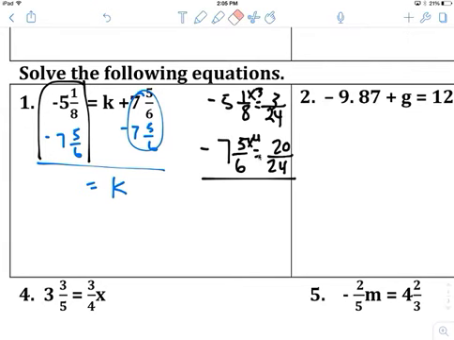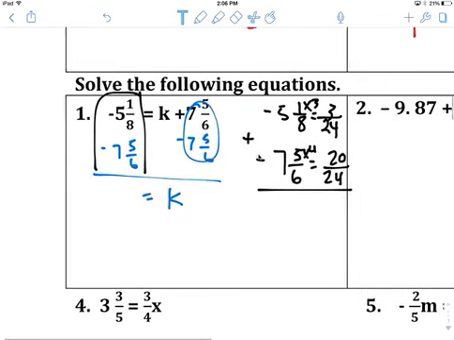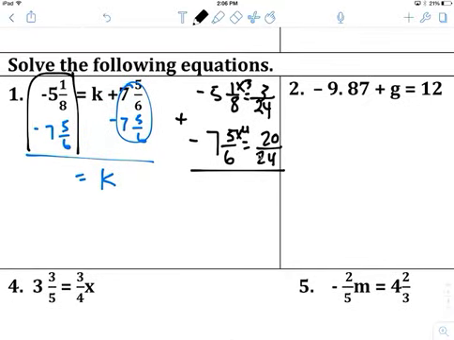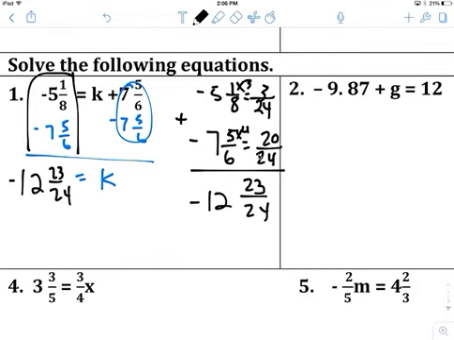I can't write like this. I can't subtract. Oh, no, I can't. What am I doing? This is an addition. You're going to add them because they're both negatives. I can write it this way. So I get 23. I thought it was subtraction. 23 over 24 and negative 12. So K is negative 12, 23 over 24.